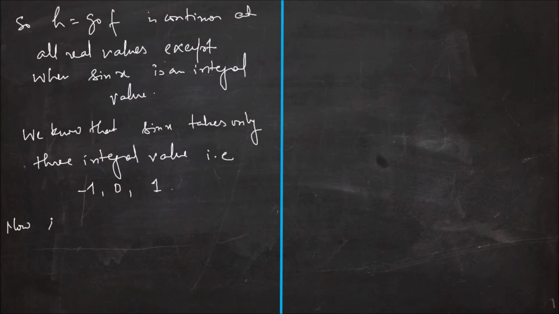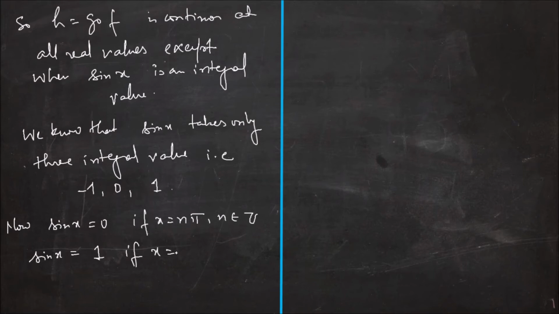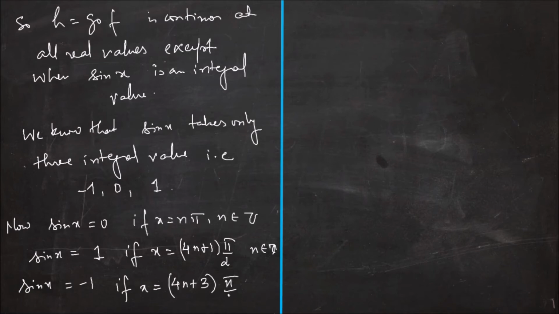Now sin x is equal to 0 if x is equal to nπ and n belongs to Z. Sin x is equal to 1 if x is equal to (4n+1)π/2, and n is an integer, and sin x is equal to -1 if x is equal to (4n+3)π/2, n is any integer.